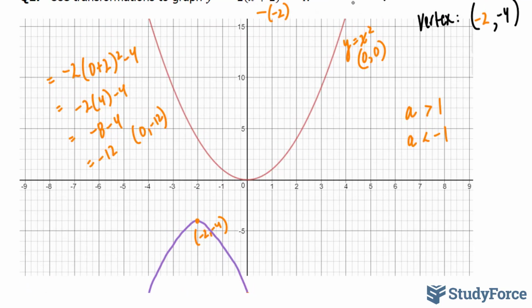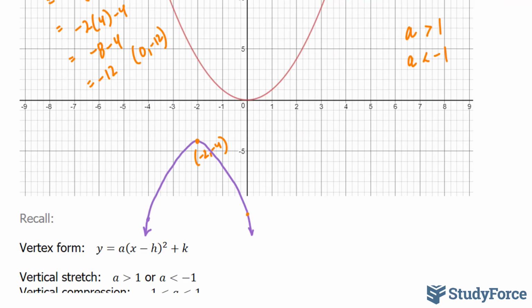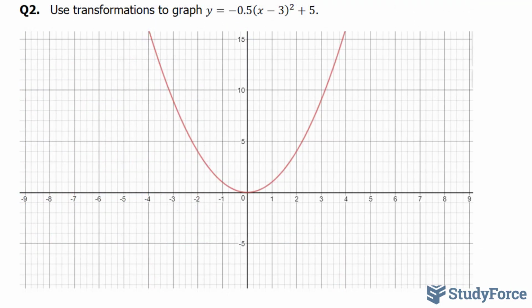So let's do the exact same thing that we did in this example for question 2. In question number 2, they ask, use transformations to graph y is equal to negative 0.5 times (x minus 3) squared plus 5. We'll start off by identifying our vertex. Our vertex will be at a y coordinate of 5 and an x coordinate of 3, because this right here represents our h.